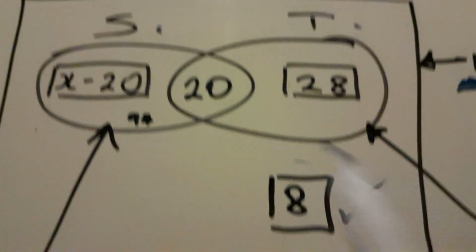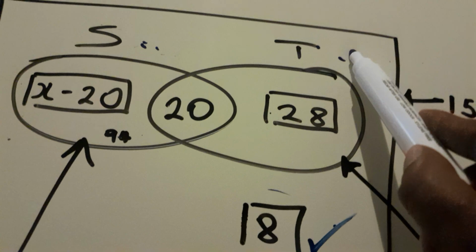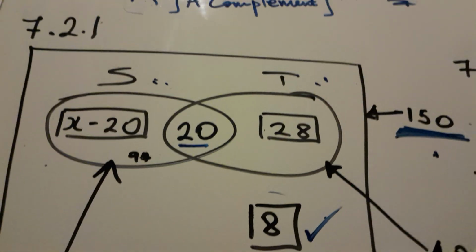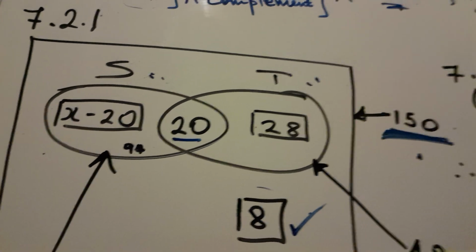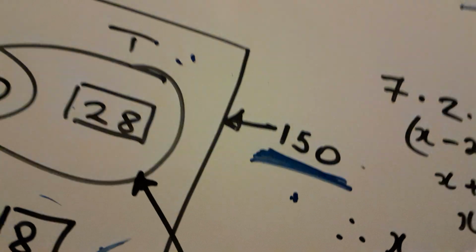Then it says that 20 learners own both. Both here means the intersection between set S and set T. So I'm going to have 20 in the intersection. They own both. Then 48 own a tablet.